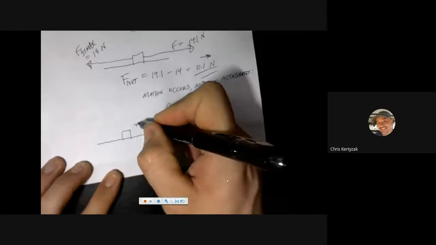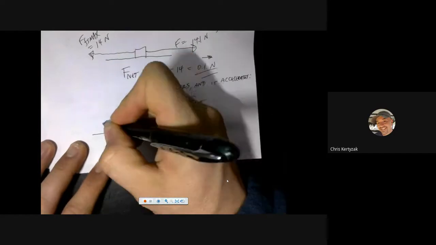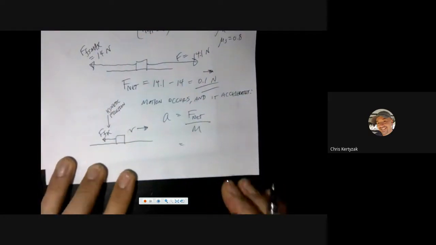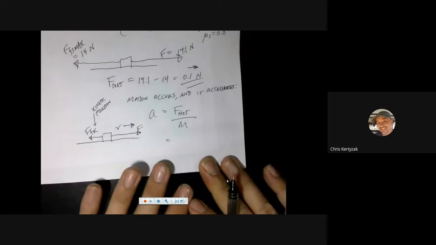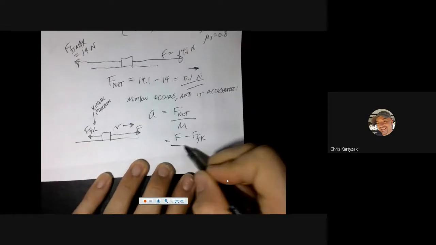Now that this thing is actually moving to the right, there's a force to the left, which is the kinetic friction force, no longer static friction, sliding friction. If you kept on pulling forward with some force F, then the net force will be F minus F_k, right? It's just the difference between those two.